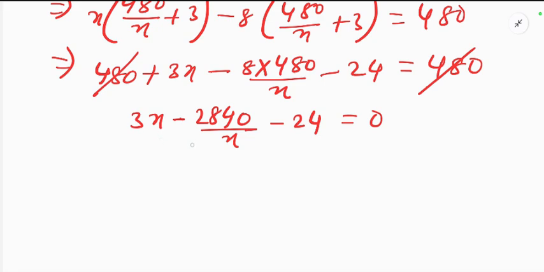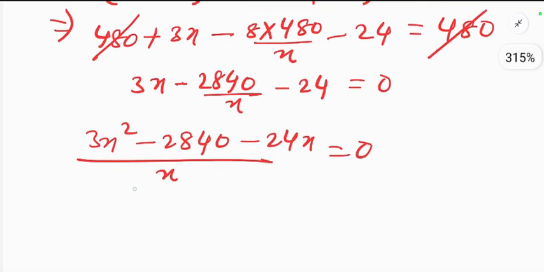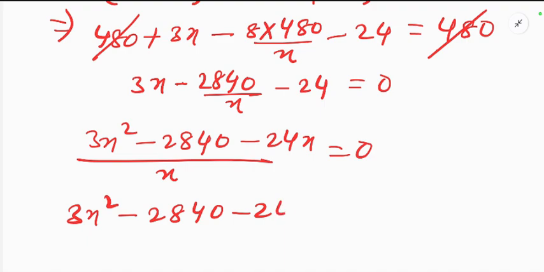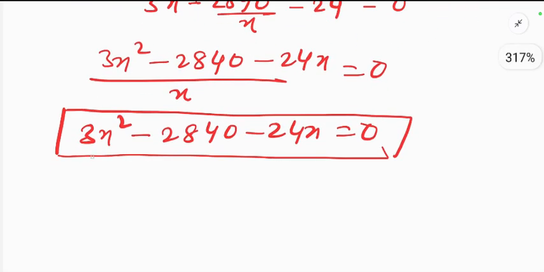Now take this x as LCM, and it will become 3x square minus 3840 minus 24x equals 0. Now when we cross multiply it, it becomes 3x square minus 3840 minus 24x equals 0. Okay, we will get our quadratic equation, and we can simplify it more.